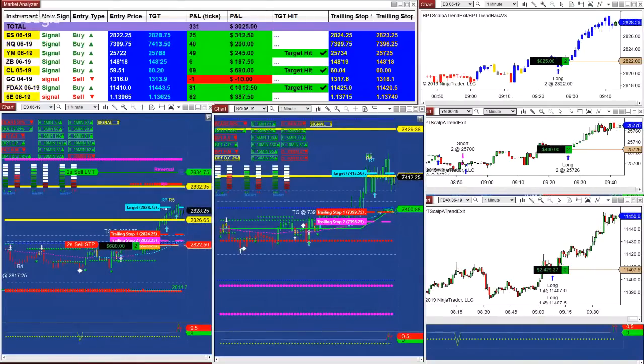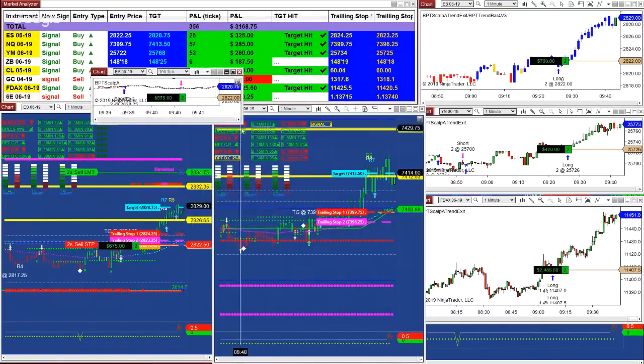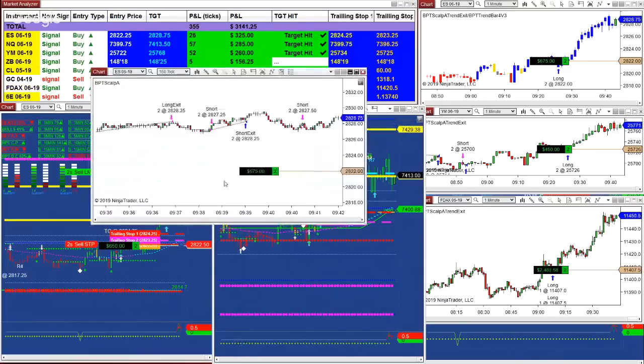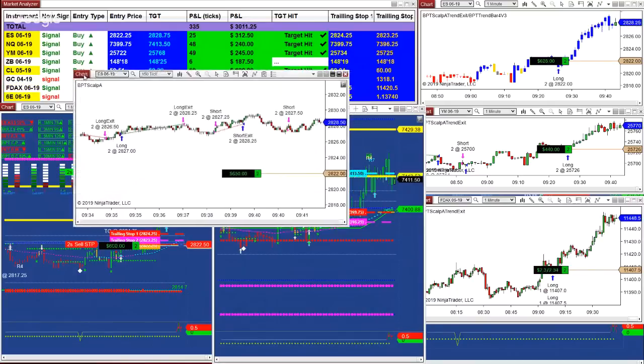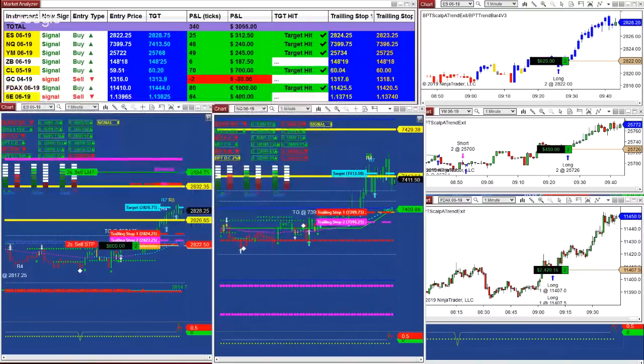It was on swing trading. We'll find a different one. This is 150 ticks. This is a scalping. And scalp A, as you see, we are on the same trade for 150 ticks.